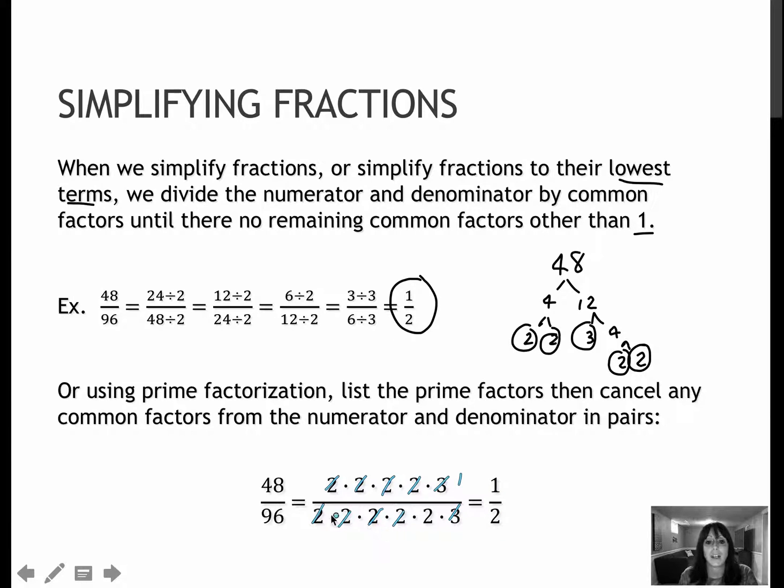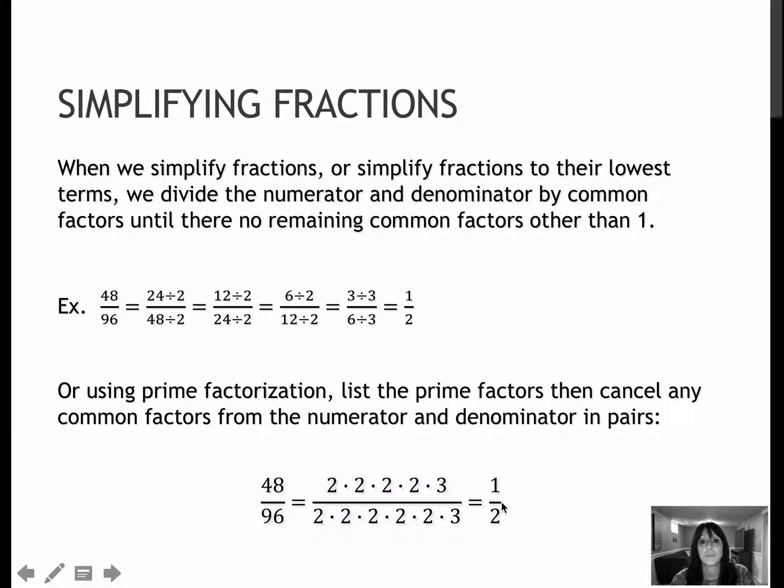On the denominator, everything has canceled except for this 2 that's all by itself, and so my result is 1/2. So the first way was to continue to divide by a common factor on top and on bottom until we have simplest terms. Our second way is to do our prime factorization, which also resulted in 1/2.